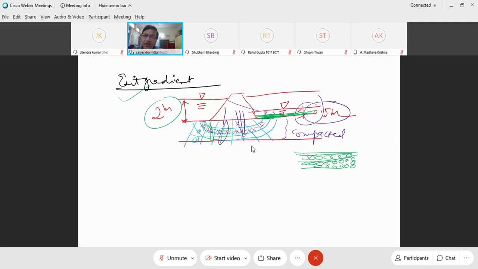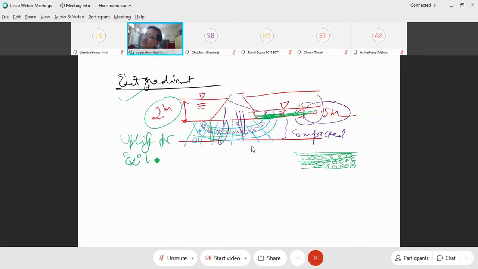Now for the stability of this dam, whether earthen dam or concrete dam, any kind of dam, you should make a perfect balance between the uplift pressure and exit gradient.